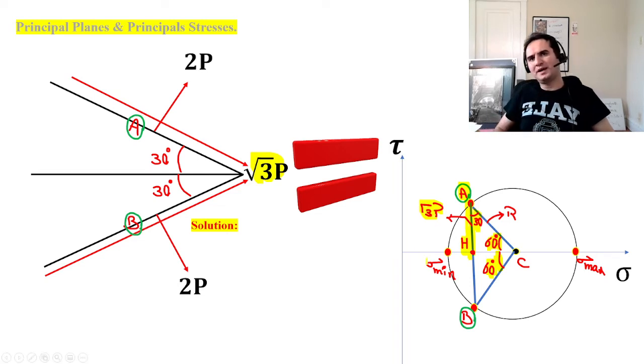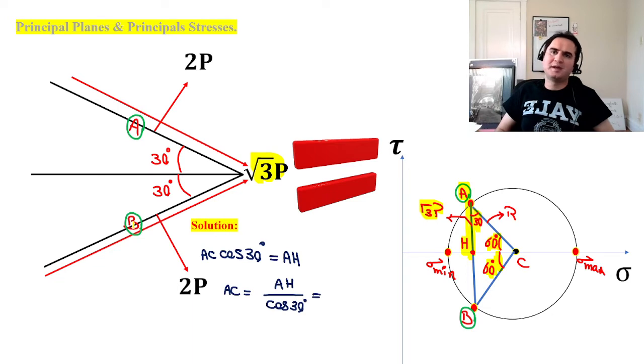And if we want to calculate AC, which is the diagonal here and that's the radius, AC times cosine of 30 goes by AH. So AC is simply AH over cosine of 30.